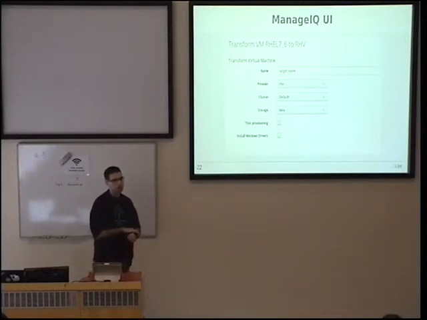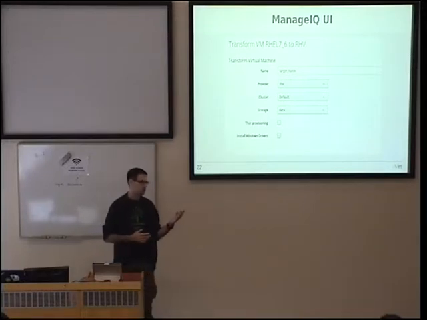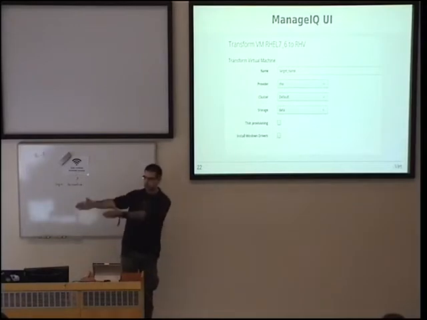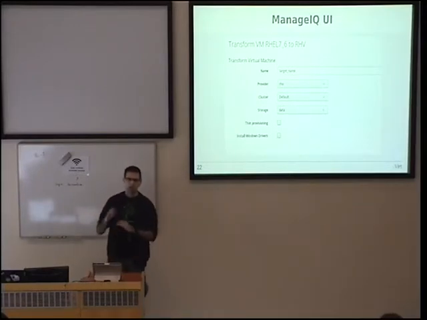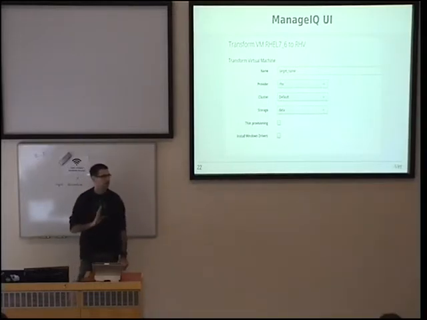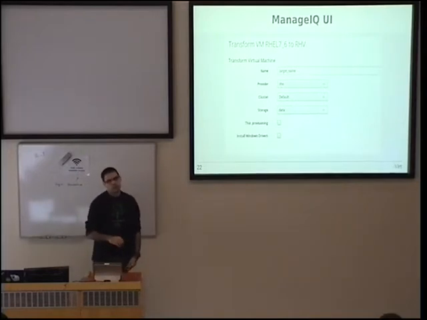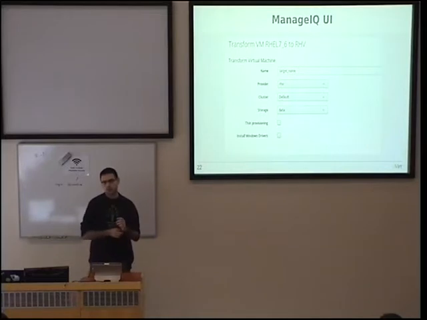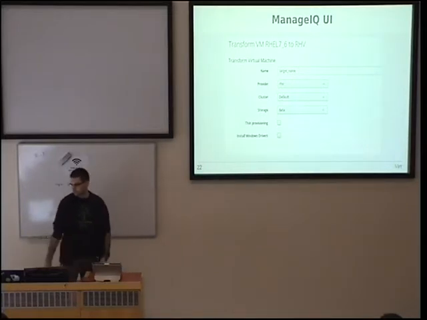You pick how the virtual machine will be called on the destination, and which exact oVirt you want to use, because in one ManageIQ you can have many oVirts. You also pick which cluster inside that oVirt, which storage, whether the disk should be thin provisioned or not, and if it's a Windows virtual machine, where the virtual drivers are.